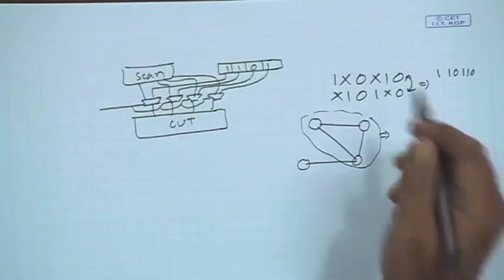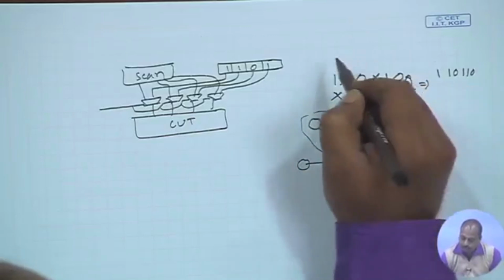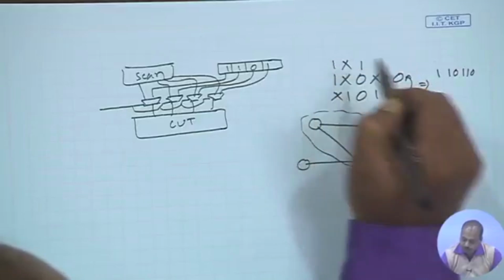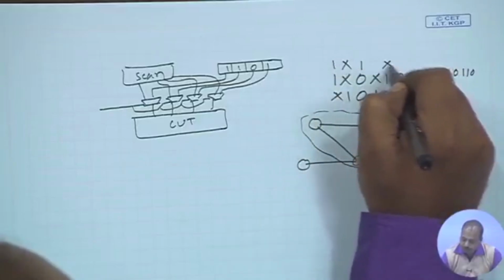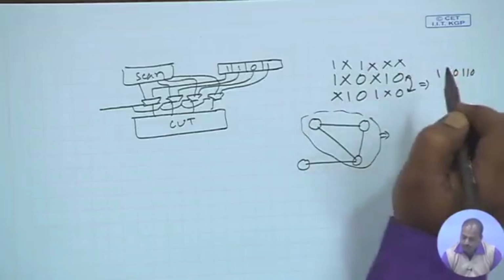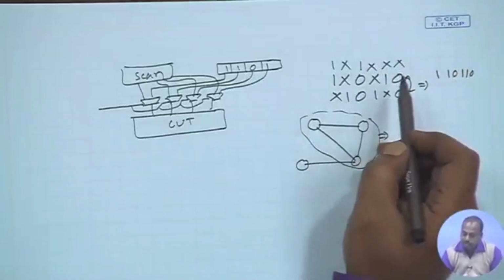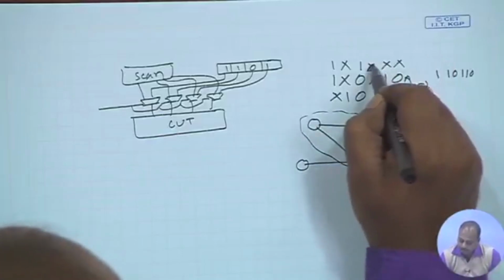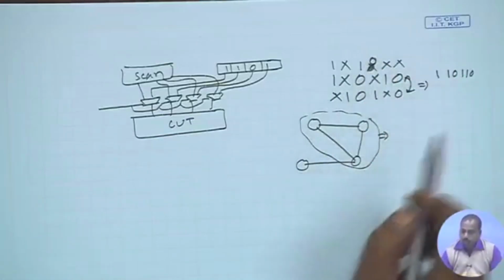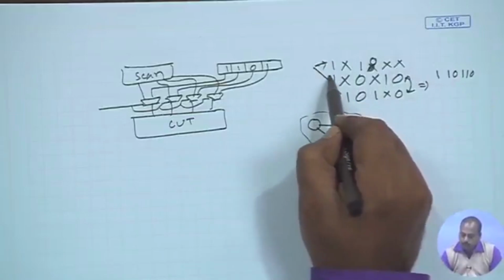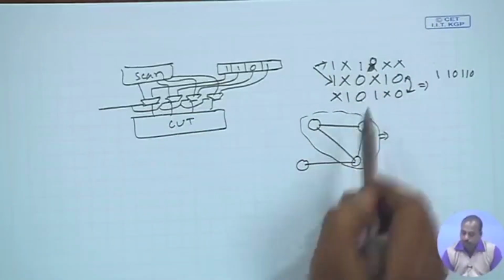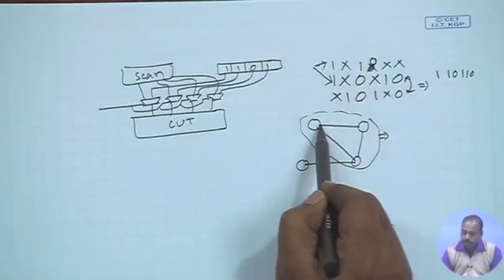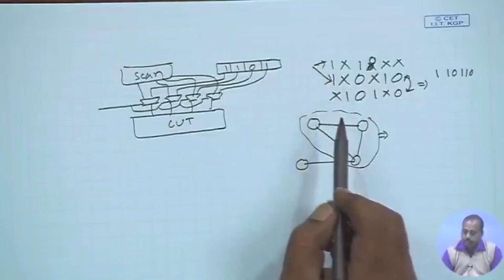It may so happen that there is another pattern where this bit is say 1, this is x x, this is also x, and let us make this one 0. So, this pattern is also compatible with this pattern, but it is not compatible with the third one. If you construct this compatibility graph, between these two nodes there will be an edge.